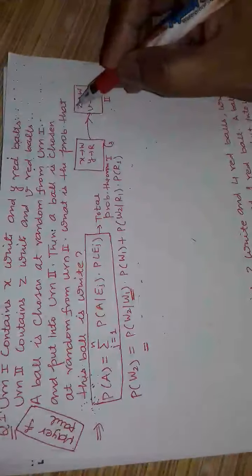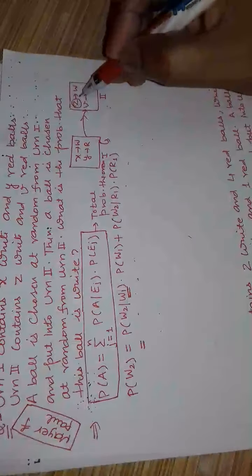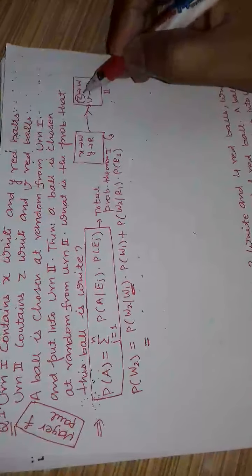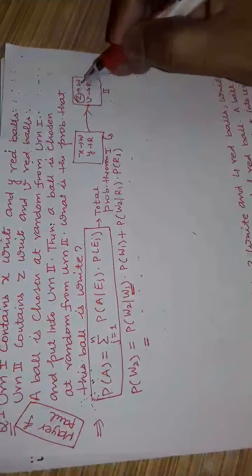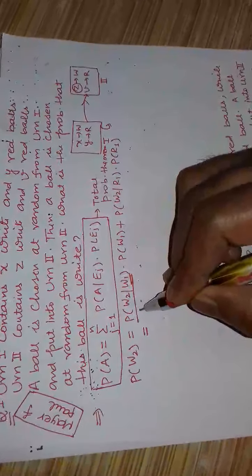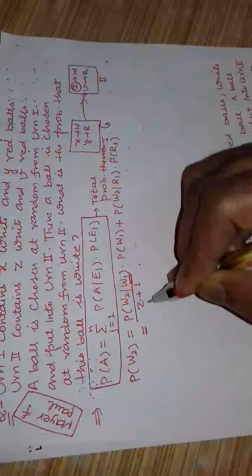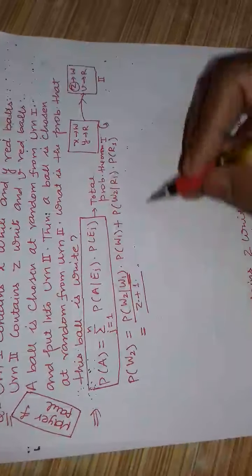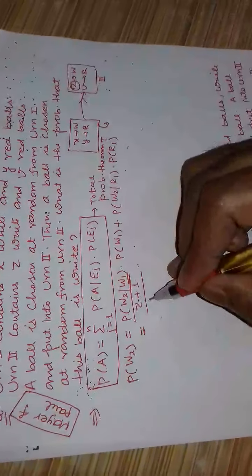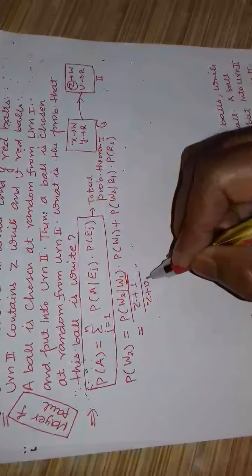So there are Z balls in the second box, and one has already come from the first box, so there are a total of Z plus 1 white balls. So the probability of this event will be Z plus 1 upon, now the total balls in this second urn, Z plus V plus 1.